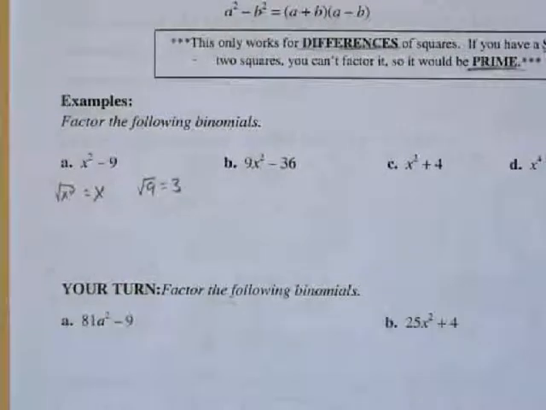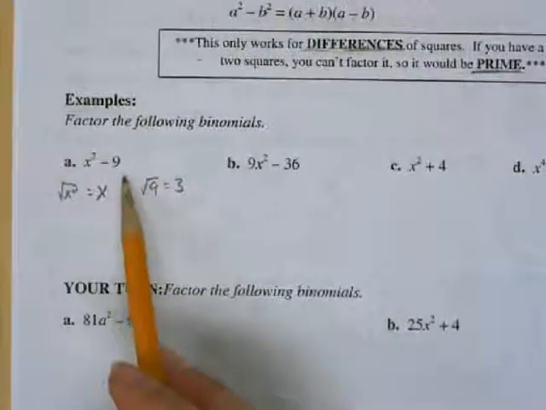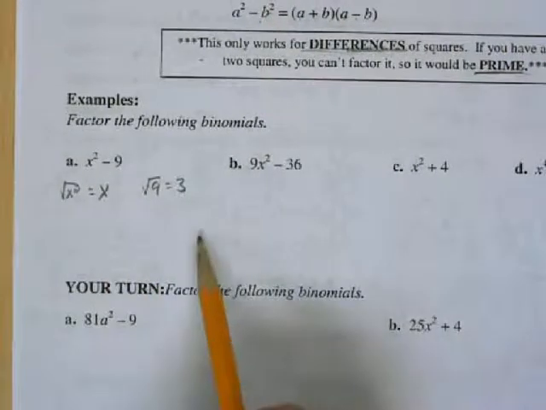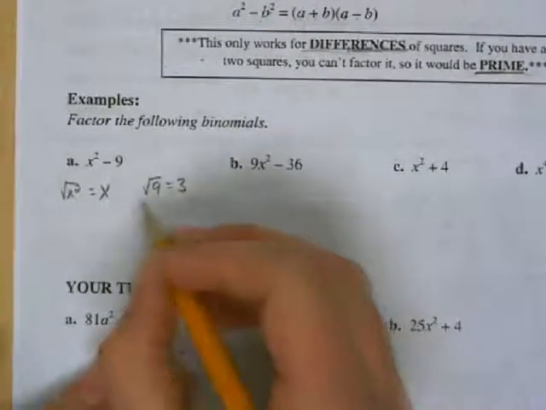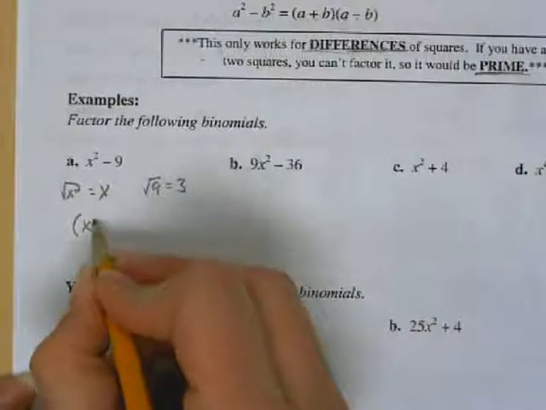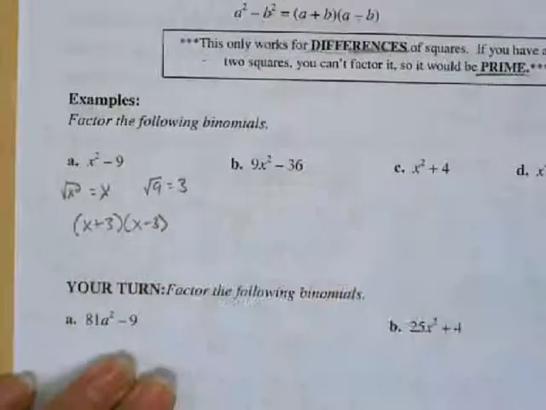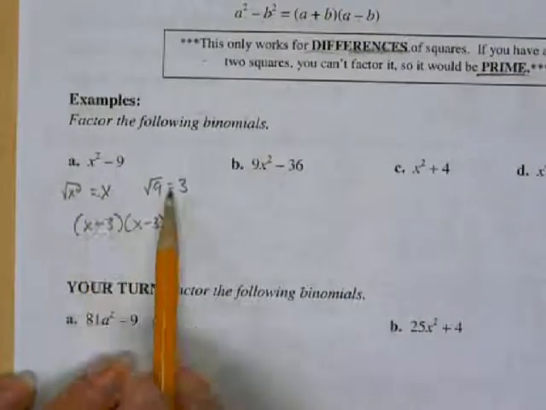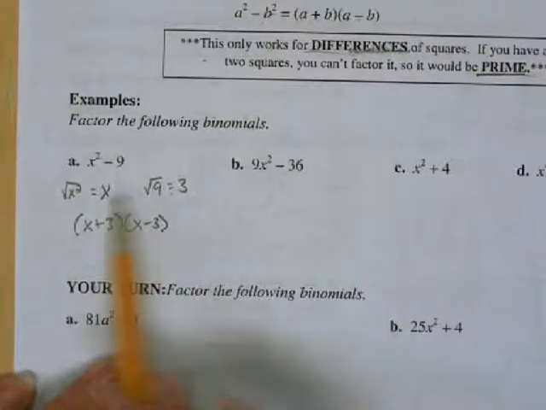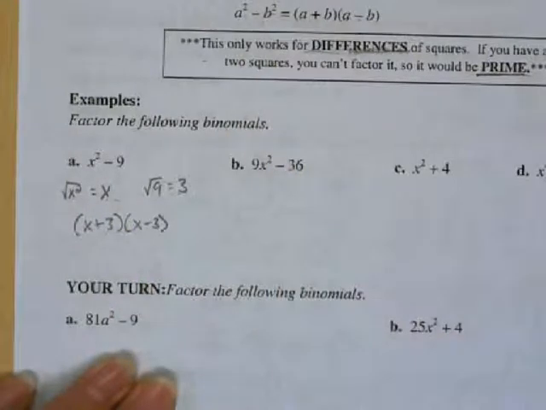Notice I don't take the negative with it. We don't want any imaginary numbers or anything like that. So when I factor, I get x plus 3, and I get x minus 3. Super easy. Find these two numbers right here, your a and your b essentially, if you're looking back up at the formula. You find your a and your b, you get a plus and a minus.